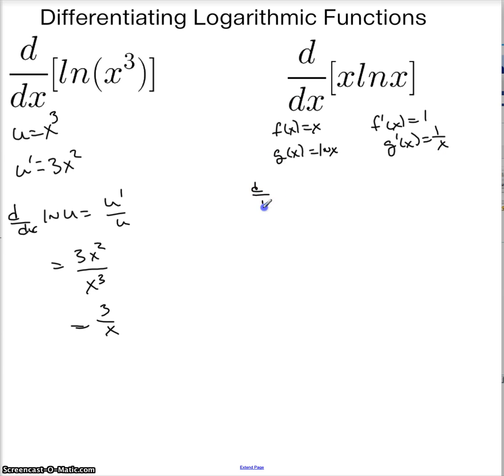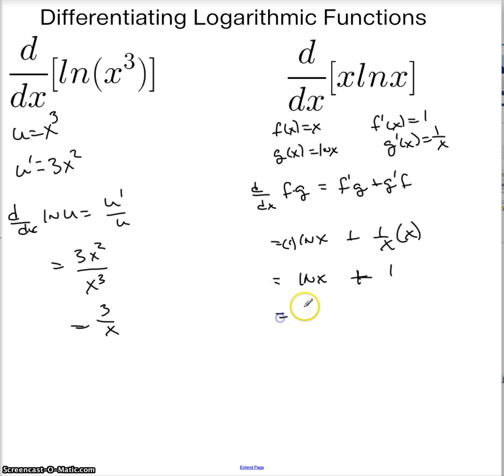So we're going to do the derivative with respect to x of fg, which is f prime g plus g prime f. So this is 1 times the natural log of x, plus g prime, 1 over x, times x. So this is natural log of x plus 1. And I don't like writing it this way, so I'll make it 1 plus the natural log of x.